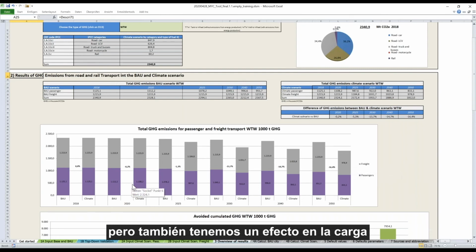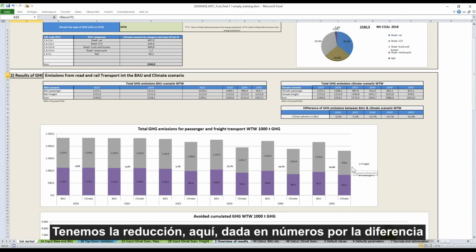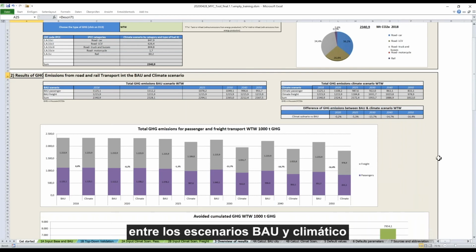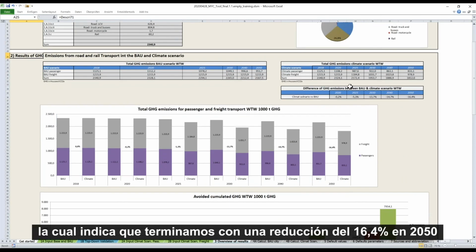So we are almost on a balance between freight and passengers right now. You have the reduction here given in numbers for the difference between BAU and climate scenario. So we end with a 17.4% reduction in 2050.